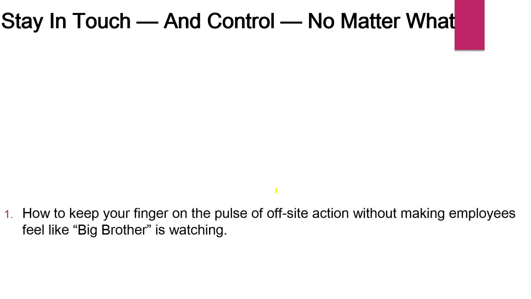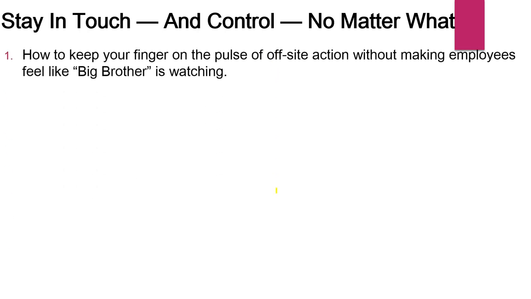So how can you do it? Let's see. In this, how to keep your finger on the pulse of offsite action without making employees feel like Big Brother is watching. What is the meaning of this? You have to monitor that site, but your employees should not feel that you are a boss with an eye on them, watching 24 by 7 everything they are doing.